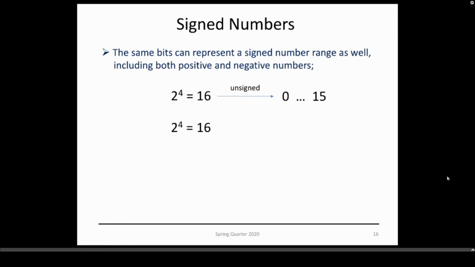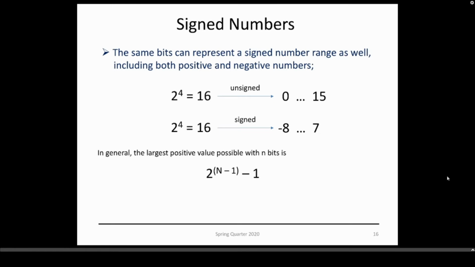But if it's a signed number, now I need to use the same 16 combinations to represent positive and negative numbers. So as you probably can expect, my biggest number can no longer be 15 because I need to include negative numbers. In this case, it's going to be a value from minus 8 to 7. So how do you calculate these boundaries?